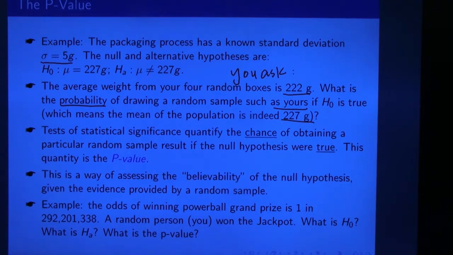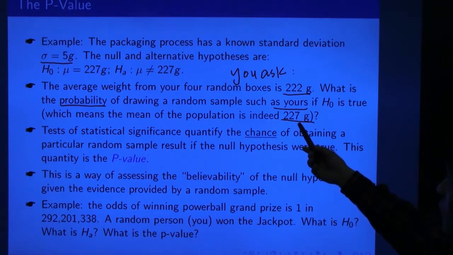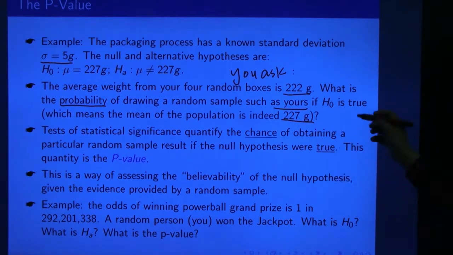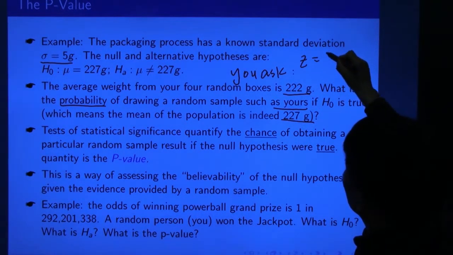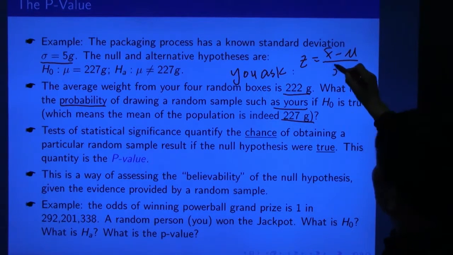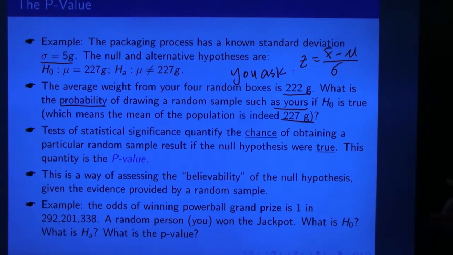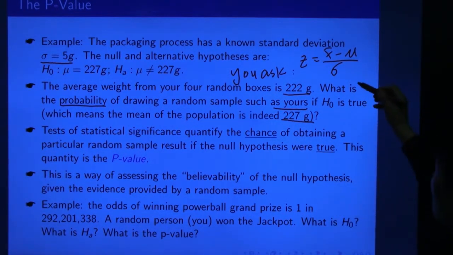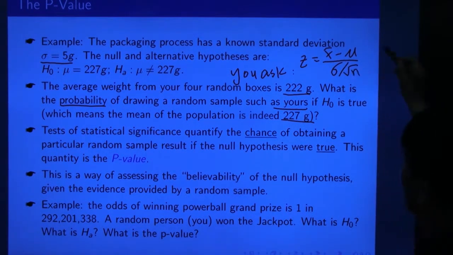Because the population mean equals 227 and yours is 222, the z-score equals x bar minus mu over sigma. Is this correct? No, this is not correct, because we are talking about the sampling distribution. So keep in mind, there's always a square root of n here.